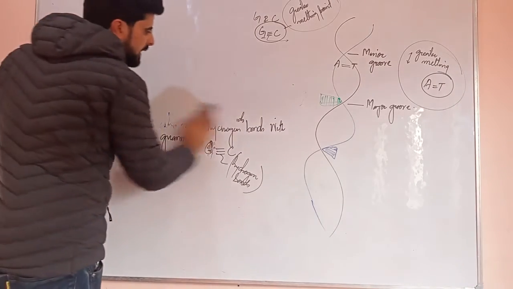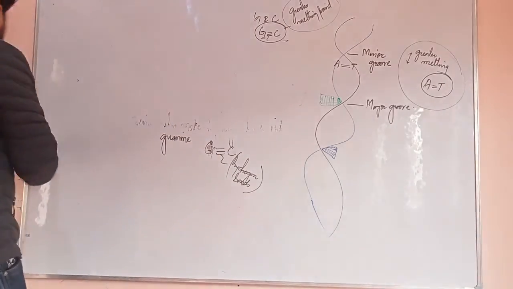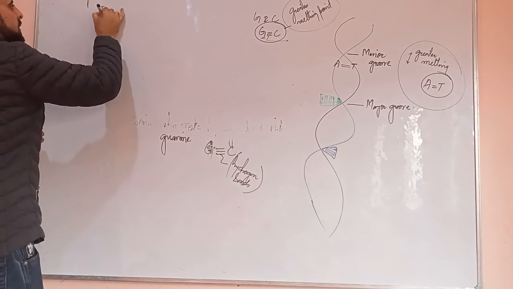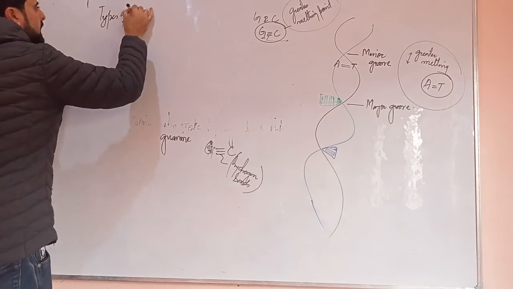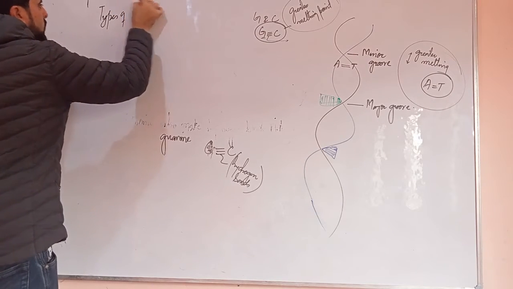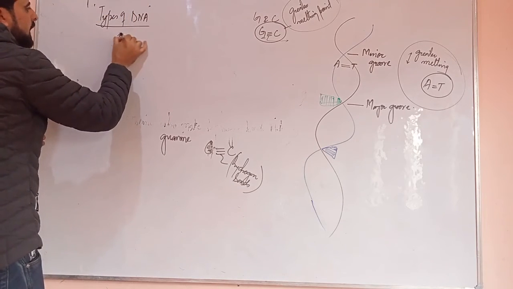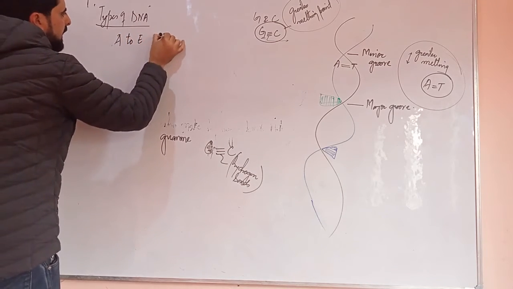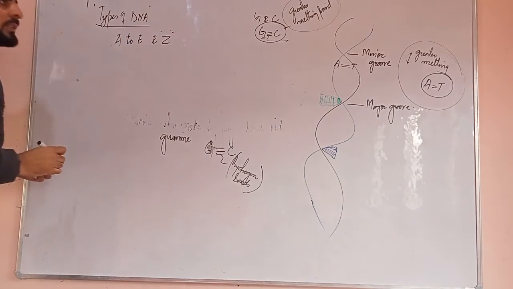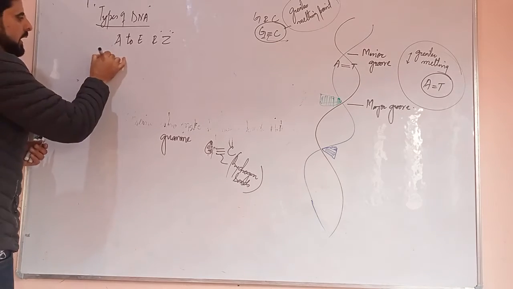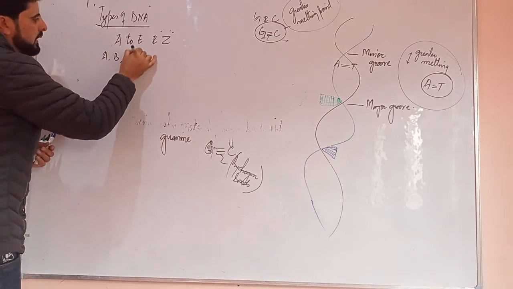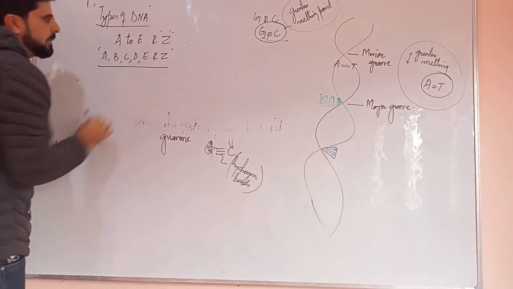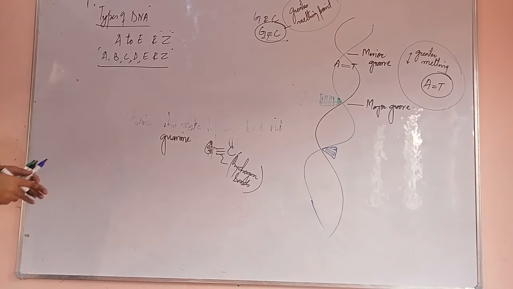If we take the types of DNA, we have different types from A to E and Z. So we have A, B, C, D and E, and we have Z DNA. So these are the various types of DNA which are present in the living world.